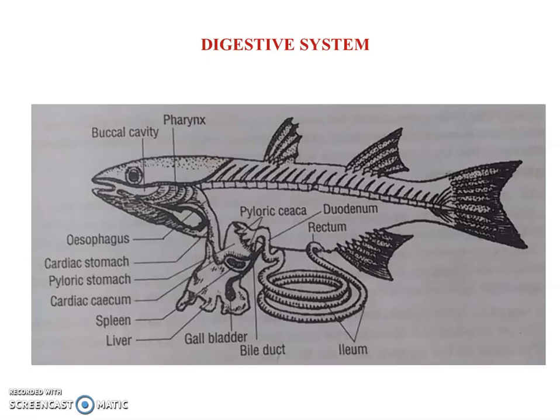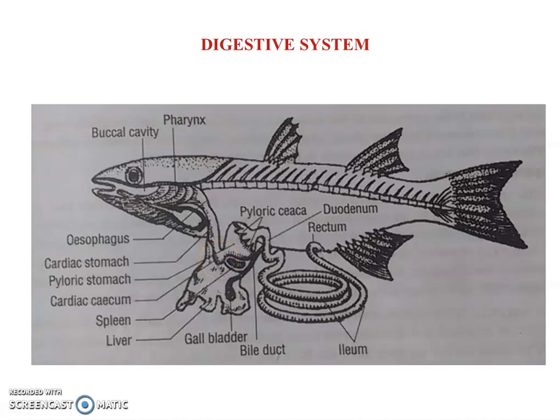At the junction between the cardiac stomach and the pyloric stomach, the cardiac stomach is produced into a small lobular structure, which is known as the cardiac cecum. The internal lining of the cardiac stomach is raised into numerous longitudinal folds.